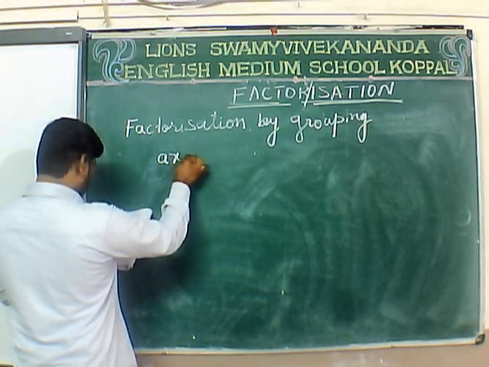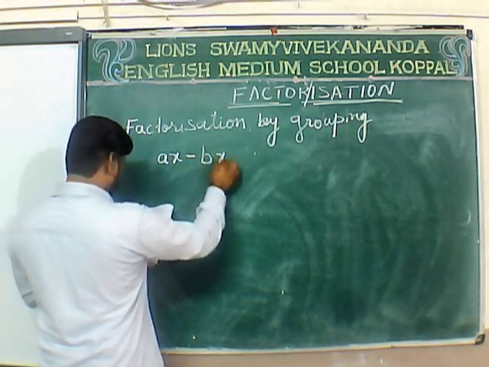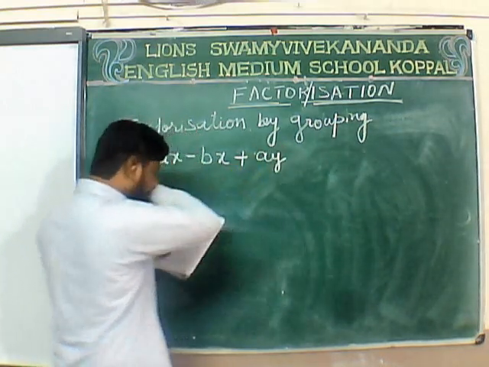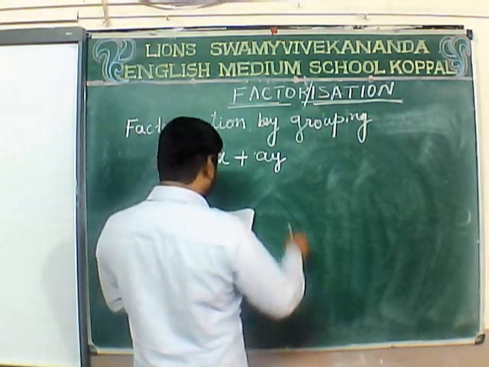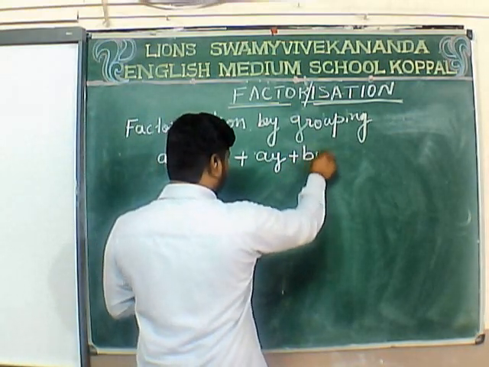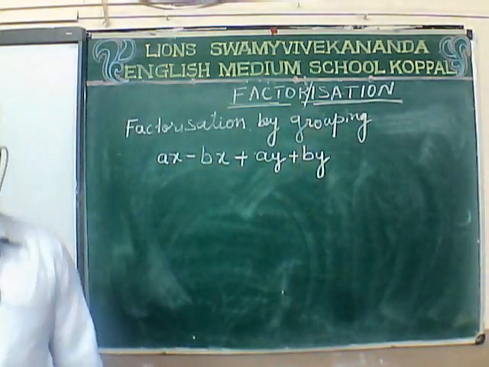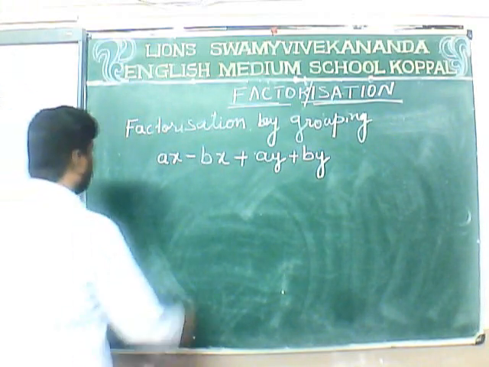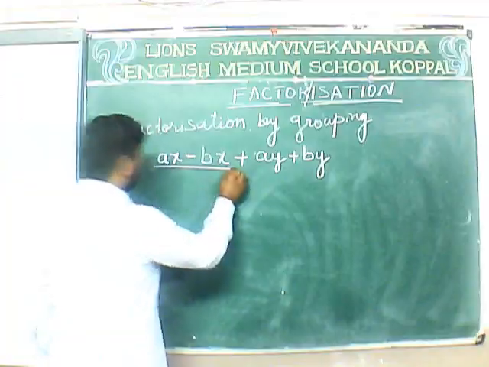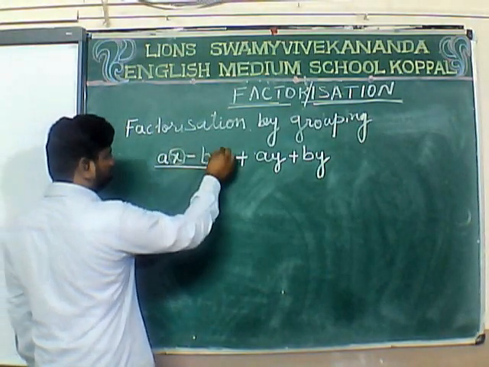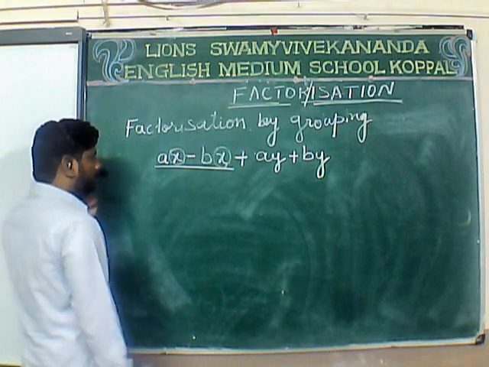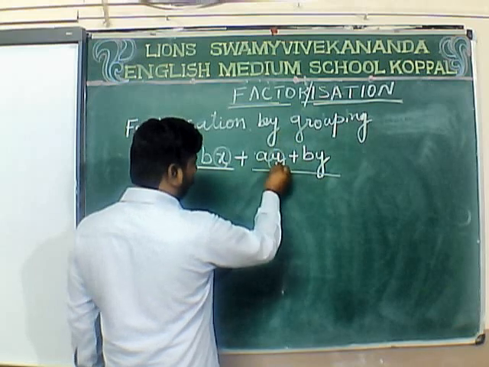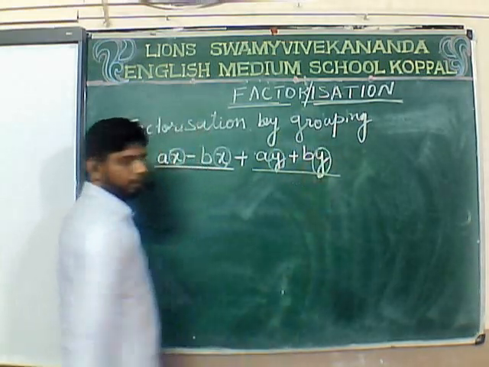ax minus bx plus ay plus by. Here I can see that first these two terms have the common factor x and x, and in these two terms we can see that we have common factor y and y.